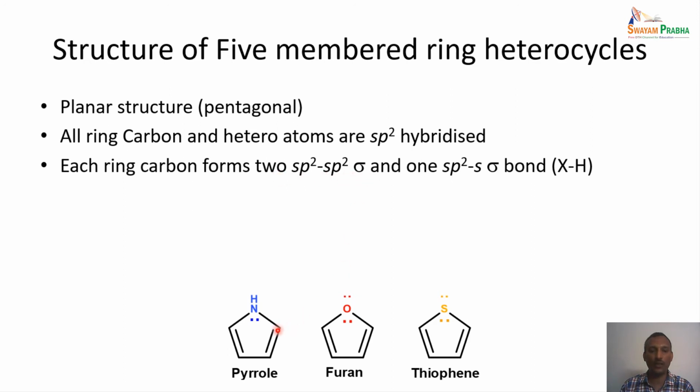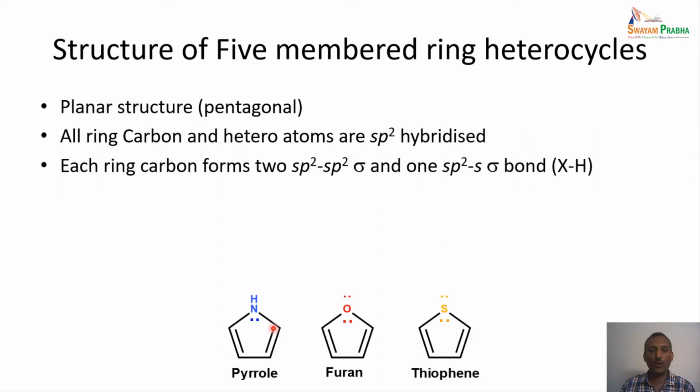That means each carbon, let us take this carbon, forms 1 sigma bond with the neighboring sp2 carbon. And the heteroatom is again an sp2 hybridized atom. So this carbon forms 2 sigma bonds with sp2 hybridized atoms. We also have one hydrogen attached to this particular carbon, so we have an sp2-s sigma bond for the hydrogen atom.